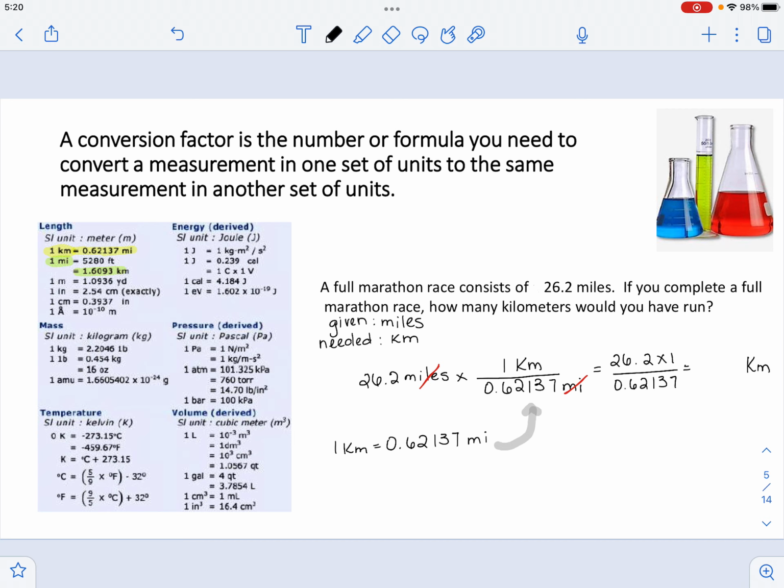So when I do that, 26.2 times 1, and I divide it by 0.62137, the result in my calculator display is 42.1648937.